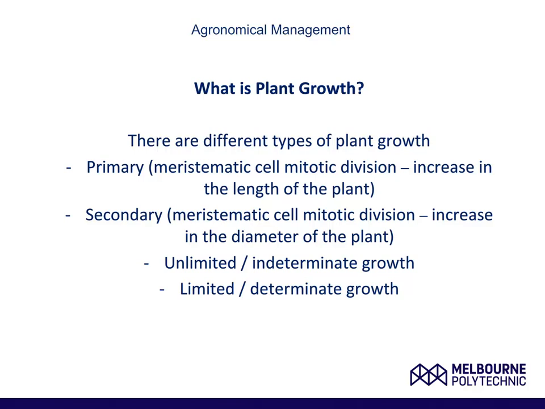It is called unlimited, or it can also be referred to as indeterminate type of growth. While limited growth is where the leaves, the fruits, and the flowers stop growing after they reach a predetermined size. This size is usually determined by the genetics of the plant. As well as being called limited, this may also be referred to as determinate type of growth.